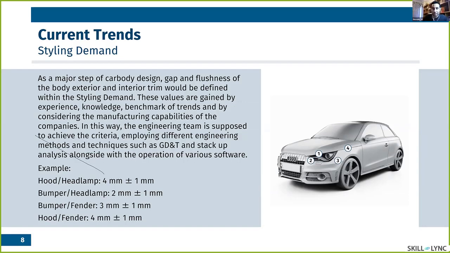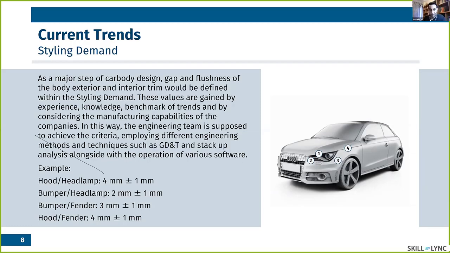Number 3 is the gap between bumper and fender, which is considered to be 3 millimeters plus minus 1 millimeter, and number 4 is the gap between hood and fender, which is 4 millimeter plus minus 1 millimeter.